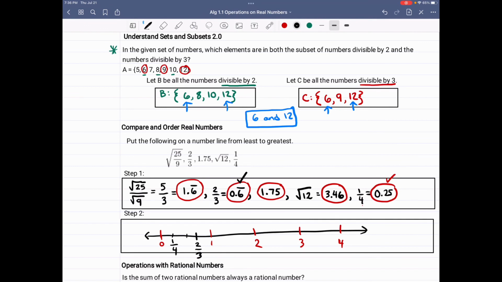And then the next number would be the 1.6 repeating, and that would be a little bit more than 1.5, so about here, and we'll write that as it was given to us originally. So the 1.6 repeating was originally given to us as the square root of 25/9.